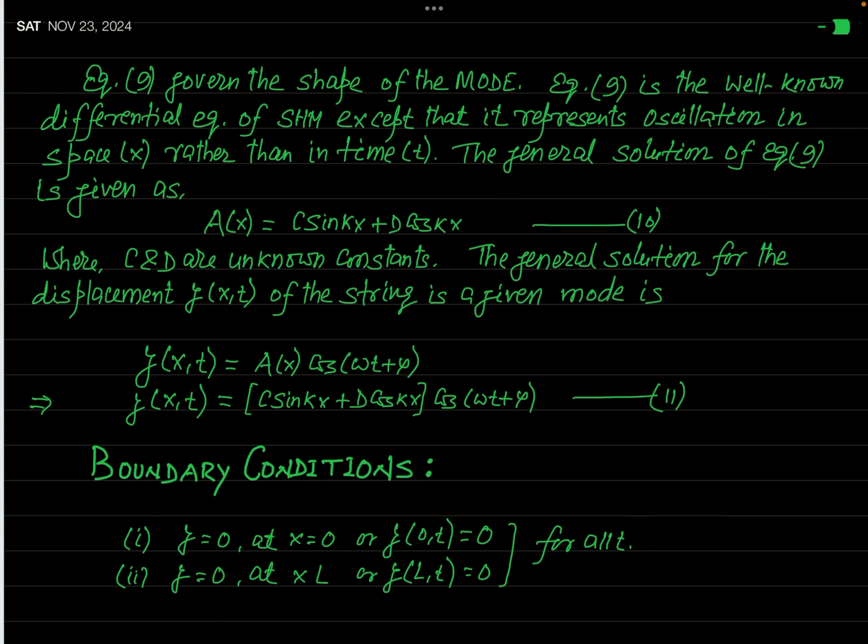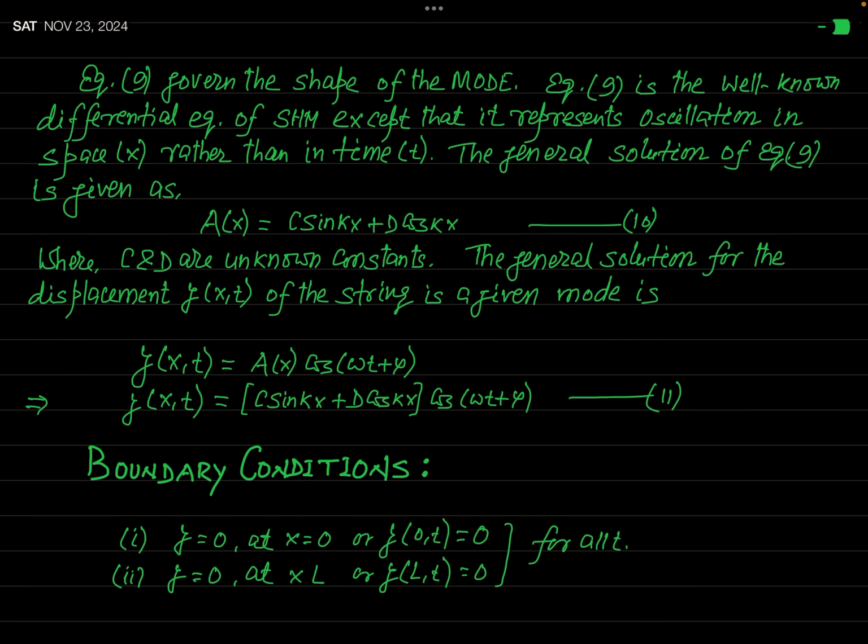You have already studied. So the most general solution of this equation is given as A(x) = c sin kx + d cos kx. Here c and d are unknown constants.